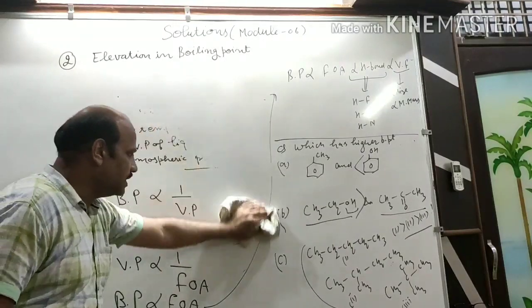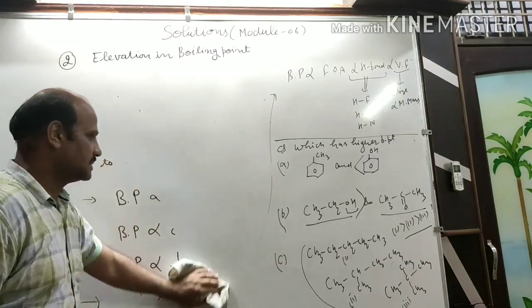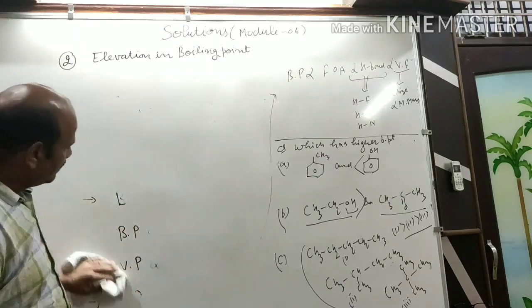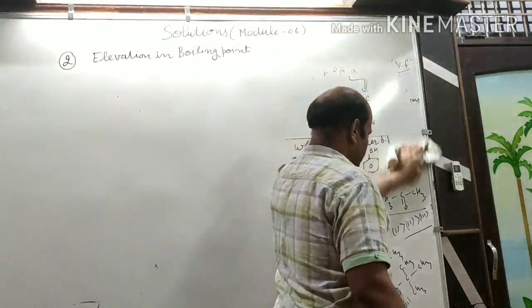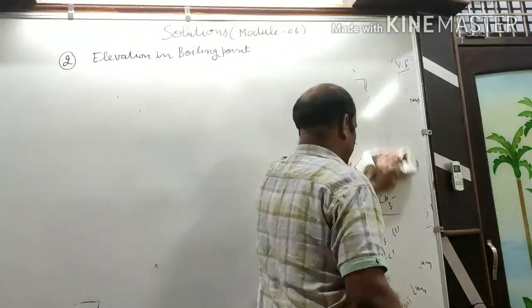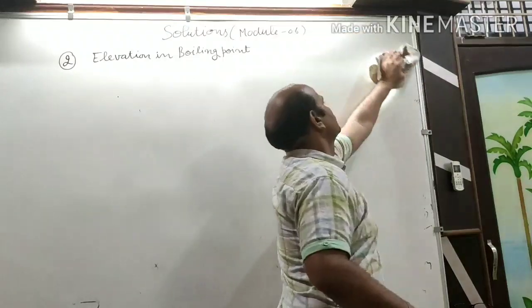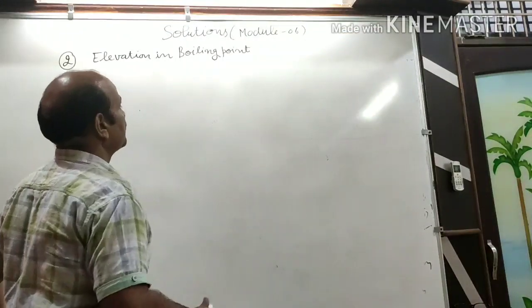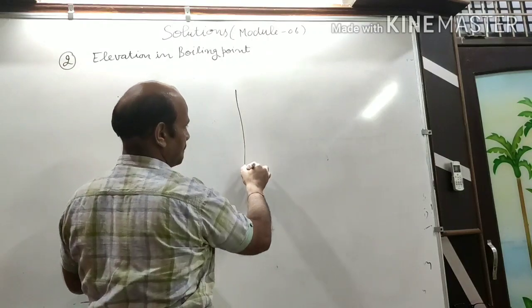Now we understand elevation in boiling point, and we understand it in a graphical way. Now take this.